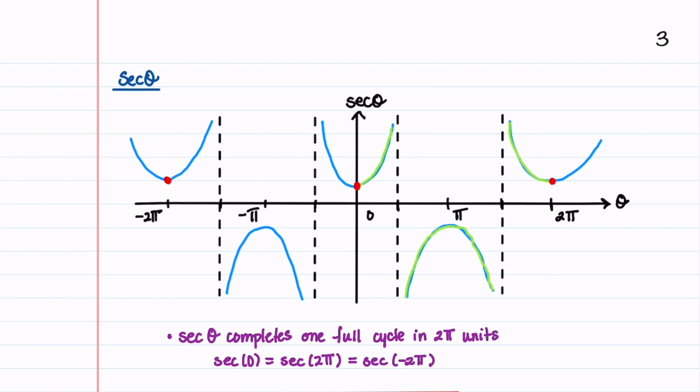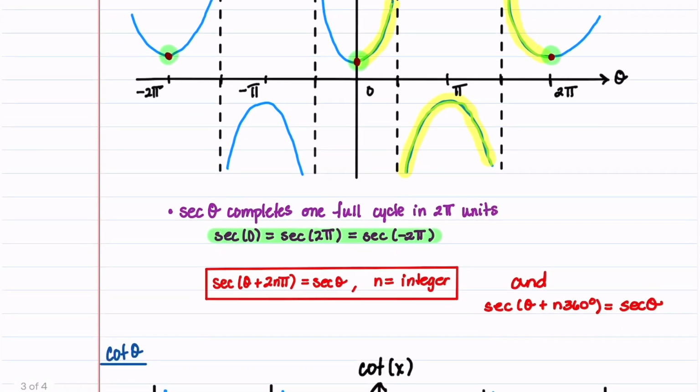Similar to sine and cosine, secant theta completes one full cycle in 2 pi units. Secant of 0 is equal to secant of 2 pi, which is equal to secant of minus 2 pi. Our identity looks like this in terms of radians and this in terms of degrees.